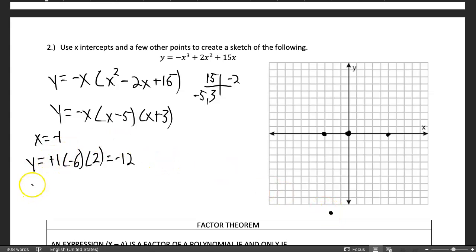What about for positive 2? Well, then y will be equal to negative 2 times negative 3 times 5. So this will be way out there. Let's see, that would be 6 times 5, so that'll be 30. Might be a little too tall for us. So let's go ahead and try 4 as well.